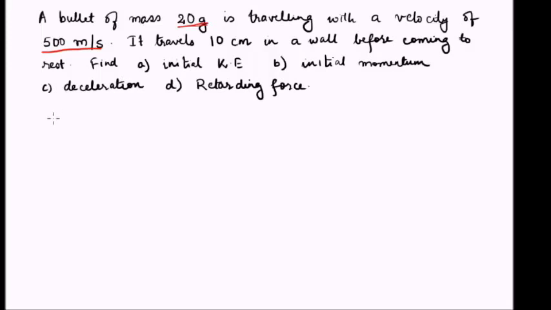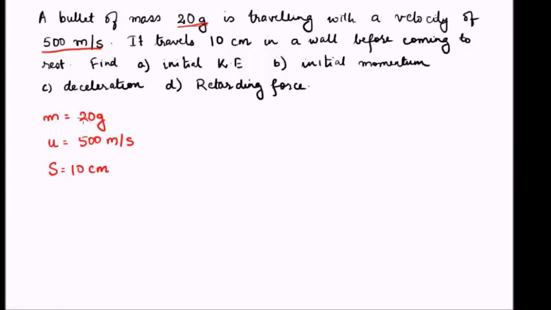So we know that the mass m is equal to 20 gram. The initial velocity, let us represent it as u, was 500 meters per second, and the distance traveled before coming to rest is 10 centimeters.